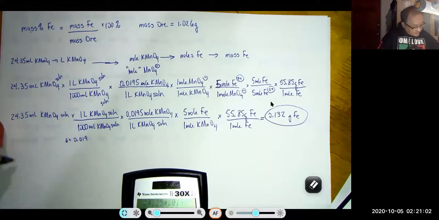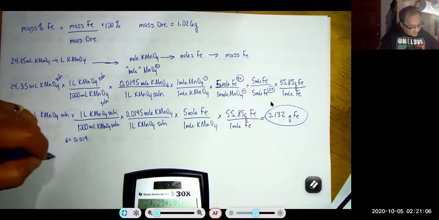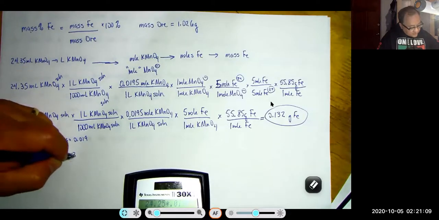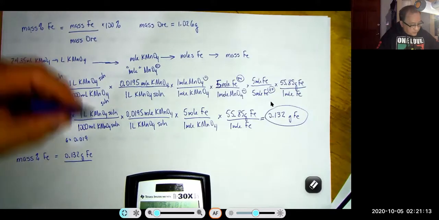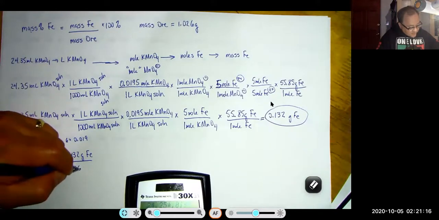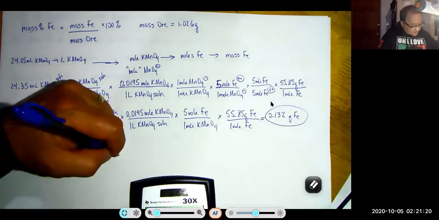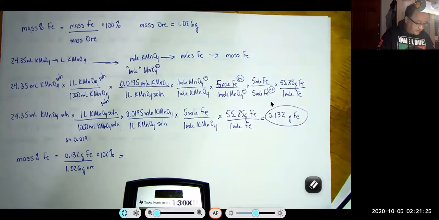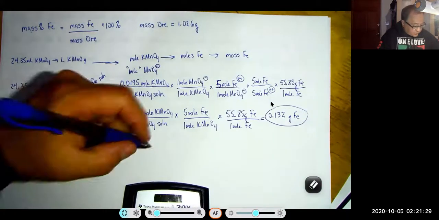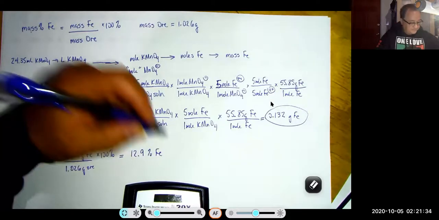So we have to finish this off by saying the mass percent iron is equal to 0.132 grams of iron over the mass of the ore, which is 1.026 grams of ore, times 100%. So divided by 1.026, and then times 100, and we get 12.9% iron in the ore.